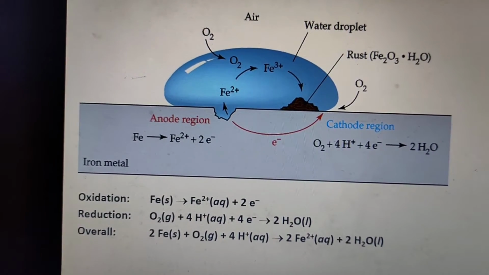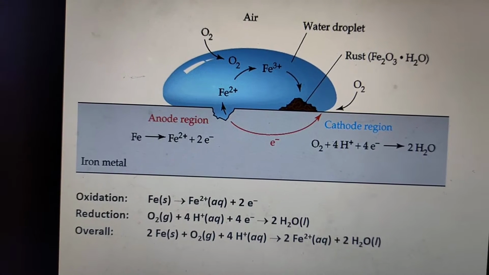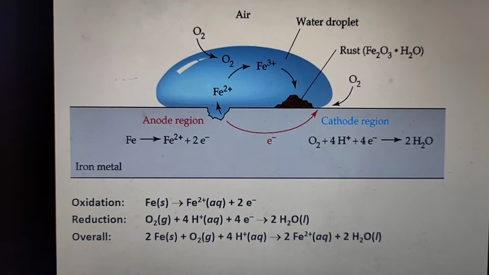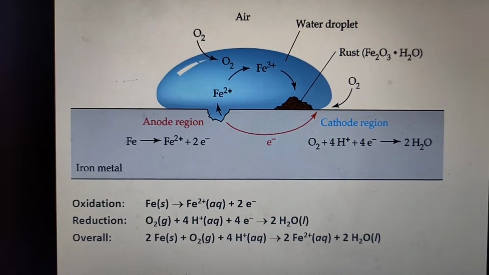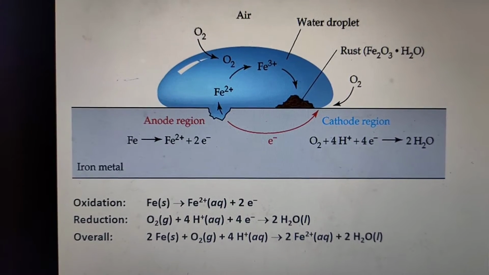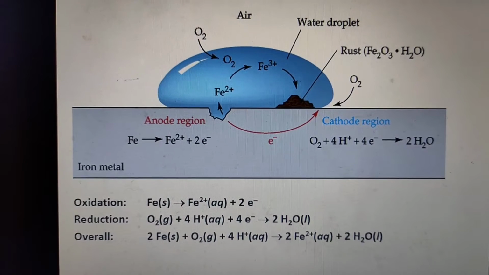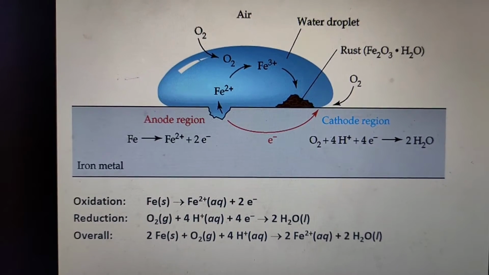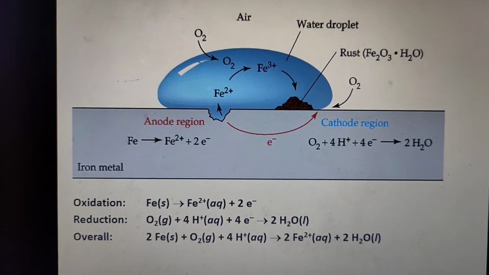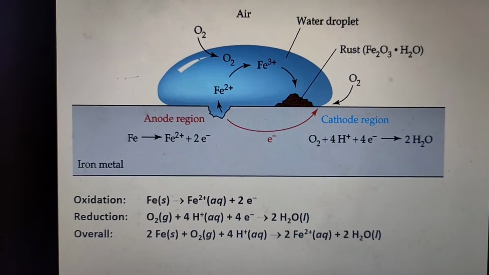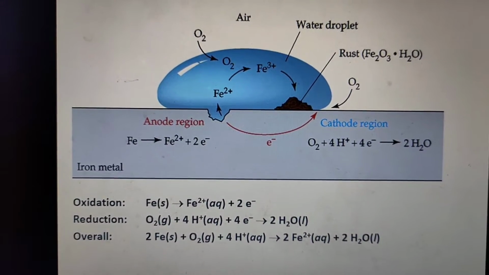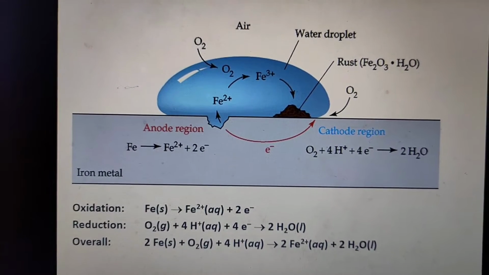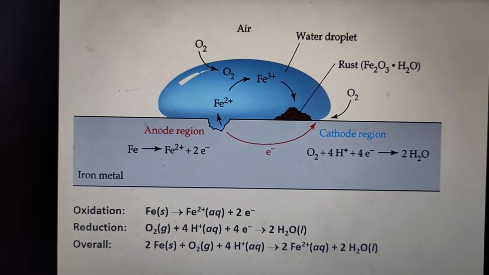Actually, for an electrochemical phenomenon, there should be an oxidation taking place and a reduction taking place, and the point where oxidation takes place, we call it an anode, and the point at which the reduction takes place, we call it a cathode. So at any point of a metal, the iron Fe atom is oxidized to Fe2 plus. Fe is oxidized to Fe2 plus plus 2 electrons, and we call it anode.